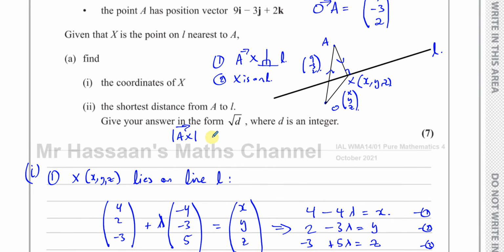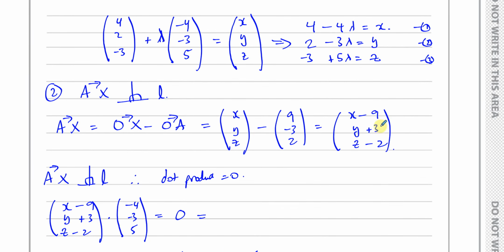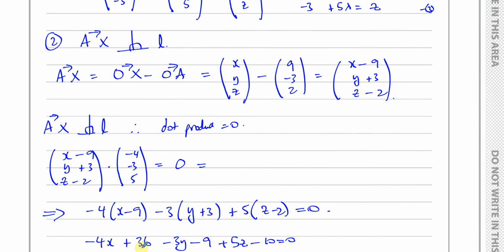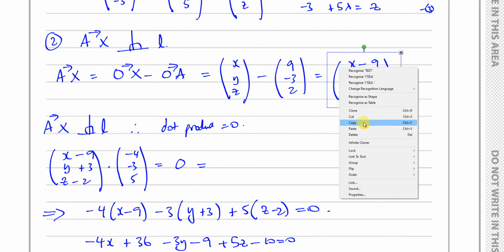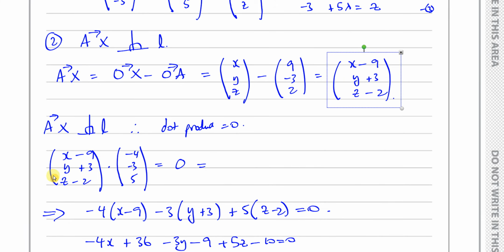We know O to X now, so we need to find what A to X is. We can say A to X is given by this vector, x minus 9, y plus 3, and z minus 2. So let me take that and put it on this side.